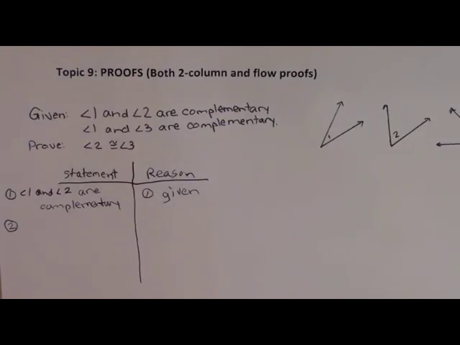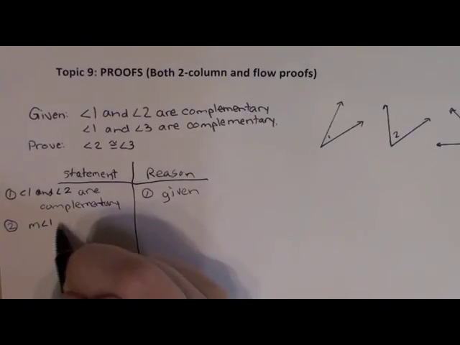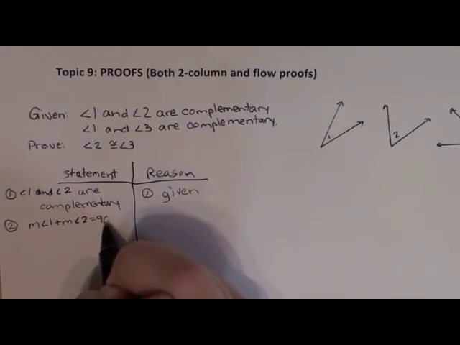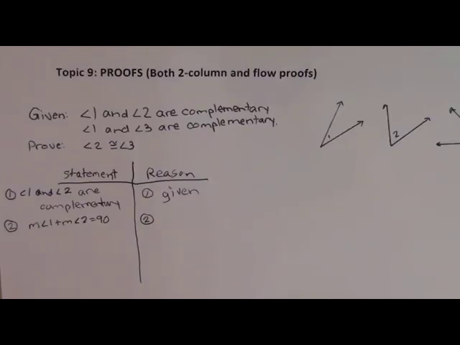So what? Angle 1 and angle 2 are complementary. What does that mean? How does that help us? Well, complementary means that the measure of angle 1 plus the measure of angle 2 equals 90 degrees. Now our reason. Well, complementary means that the measures add up to 90 degrees.